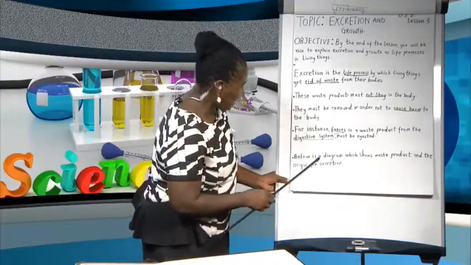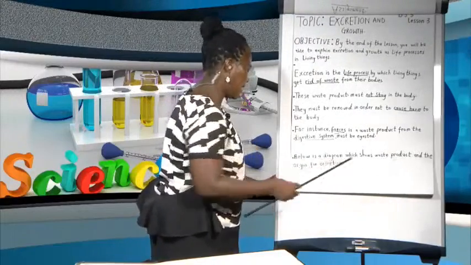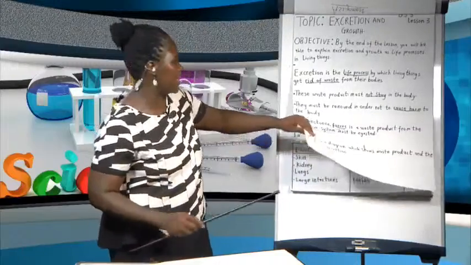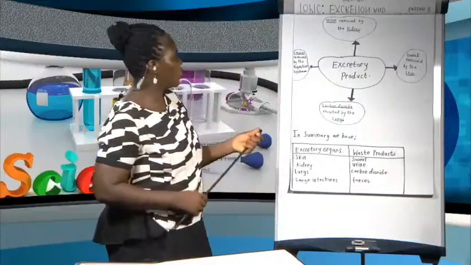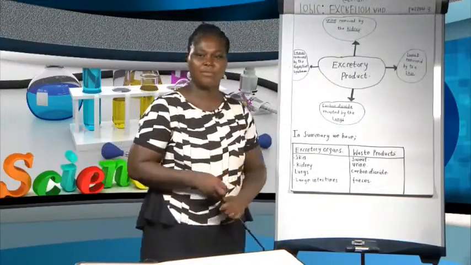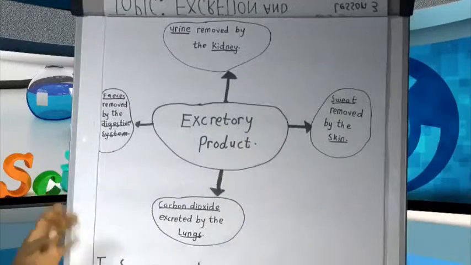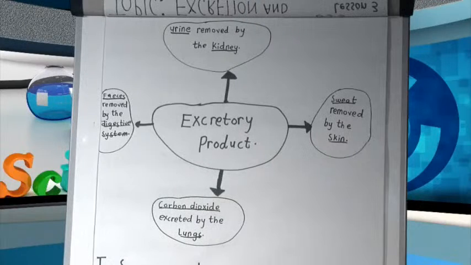Below is a diagram which shows waste products and the organs for excretion. So let's look at it, learners. On our board, we have the excretory products. And what are the products?